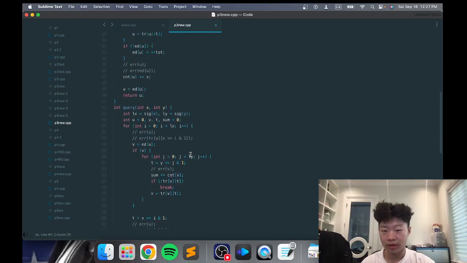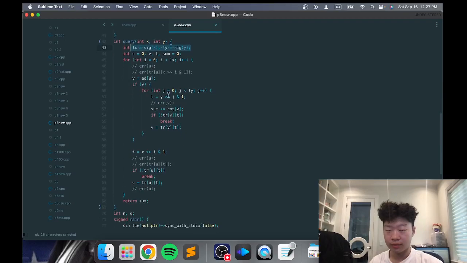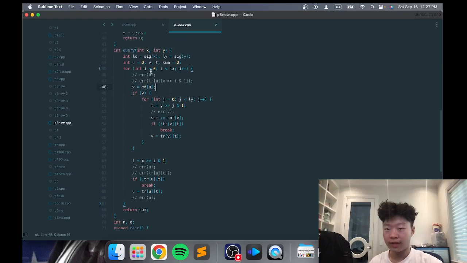Let's look at the query. Get the most significant bit for X and Y. P equals edu. What did that do? Okay, so for every X value, you can query down the Y value, since every X value might have a linked tree of Y beside it.